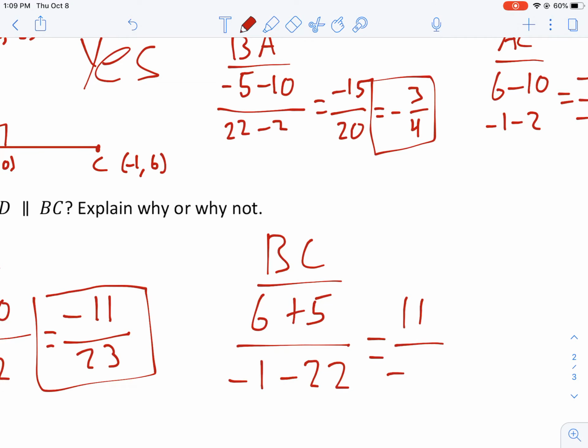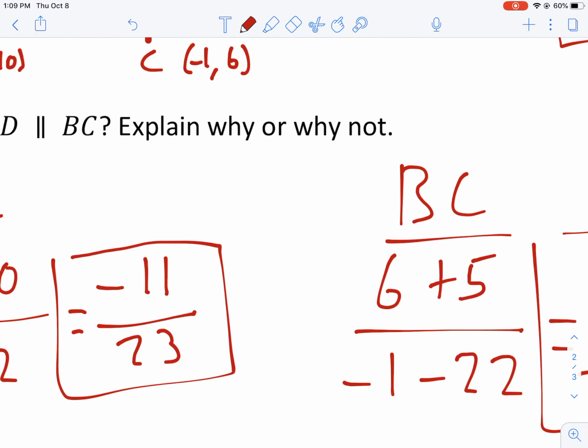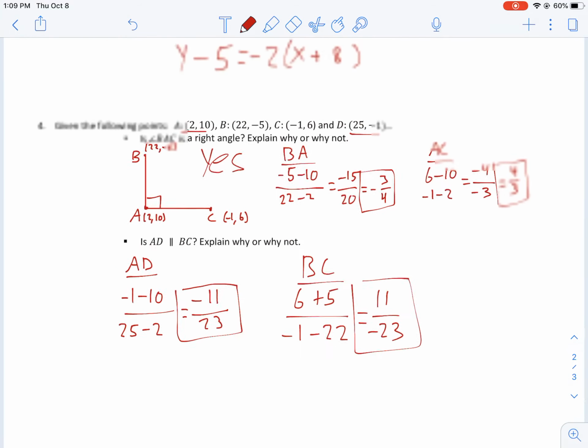Negative 1 minus 22, that's negative 23. So this actually is parallel, right? Remember, parallel slopes are the same. So we got negative 11 over 23 and negative 11 over 23. So the fact that the negatives on top here and on bottom for 23 makes no difference, right? The fraction as a whole is negative.